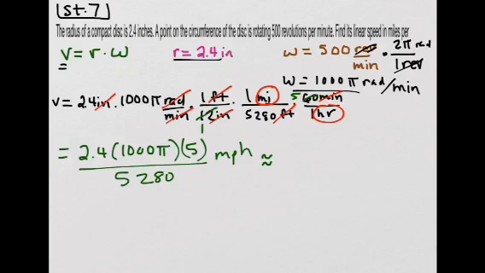Alright, so I input in my calculator and I get 7.139, and it keeps going. So I'll round it off to the nearest tenth, so 7.1 miles per hour.